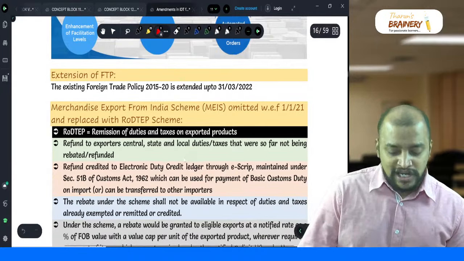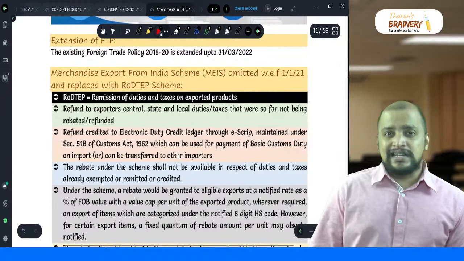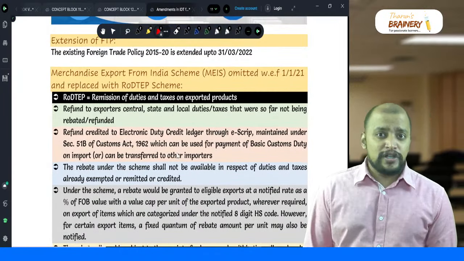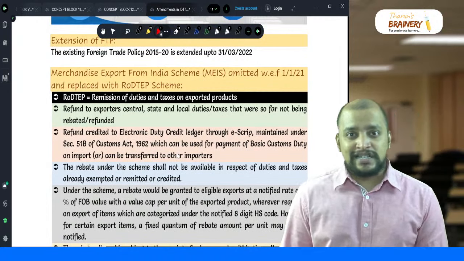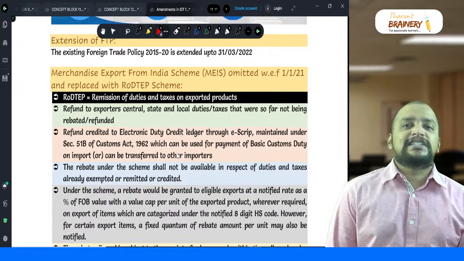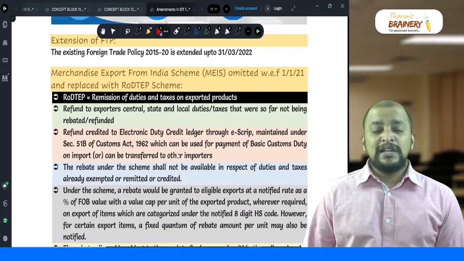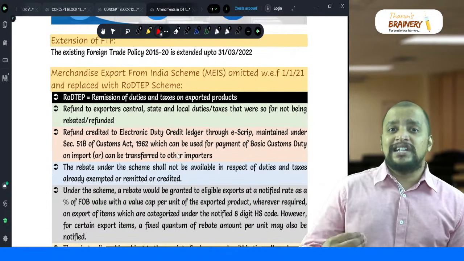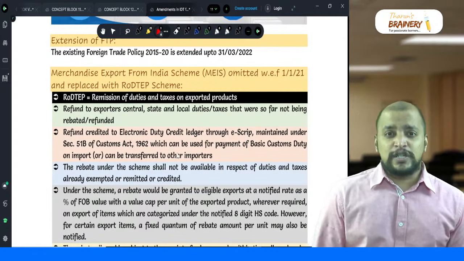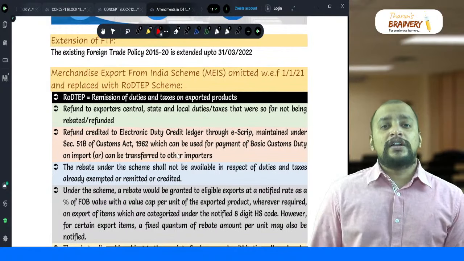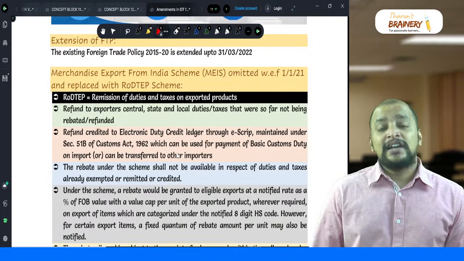But only one change that we have in this place, that is MEIS, one scheme that was there, Merchandise Export from India scheme. That scheme is omitted, and in its place they added the RODTEP scheme, because Merchandise Export from India scheme was not World Trade Organization compliant.